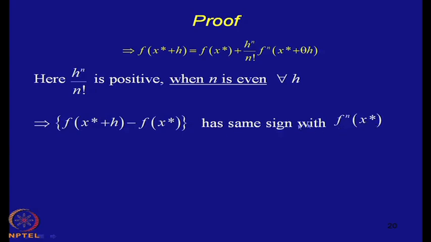Now, we are saying that f of x star plus h minus f of x star has the same sign as f n of x star, because we have assumed that x star is the extreme point of the given optimization problem. If x star is the extreme point, then in the neighborhood of x star, f n has the same sign. That is why the sign of f n of x star plus theta h is the same as the sign of f n of x star. Thus, we can conclude that f of x star plus h minus f of x star has the same sign as f n of x star when n is even.